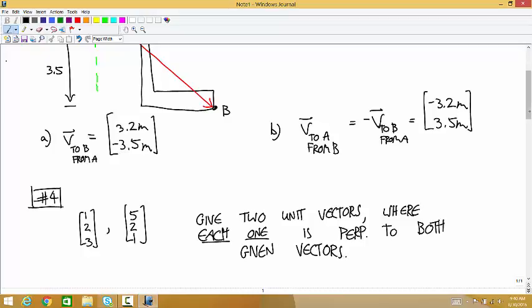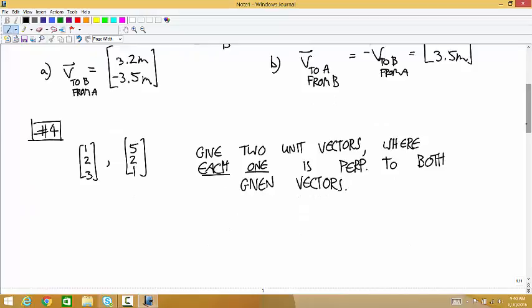Okay, well, the key to this, and I almost can't think of any vector operation that's going to come up more often than this in the rest of your mechanics classes, is the cross product gives you a vector. The cross product of 2 vectors gives you a vector perpendicular to both of them. So anytime you need a vector perpendicular to 2 other vectors, you're going to do it with a cross product.